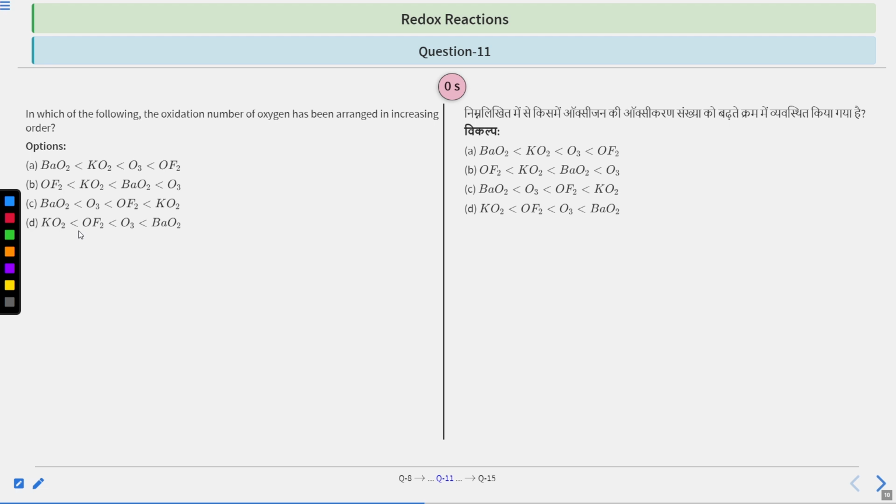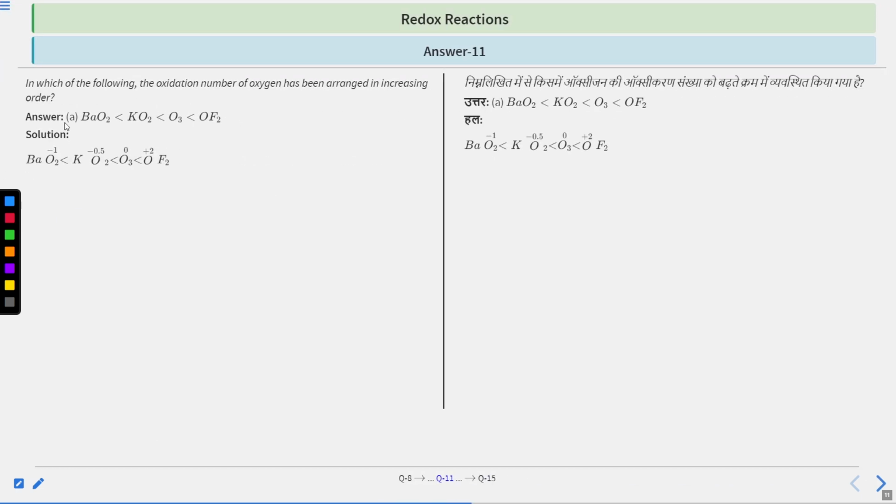Okay, let's see. The correct answer is option A, that is OF2 has the highest oxidation number of oxygen, then O3, then KO2, and then BaO2. In OF2 it will be +2, because F is -1, so O is +2. O3 is an elementary form of oxygen, so the oxidation number will be 0.